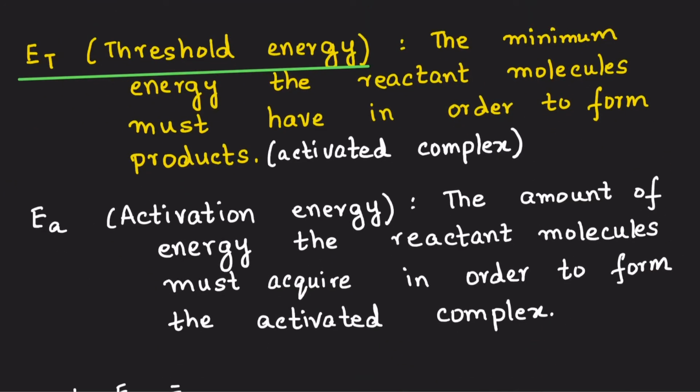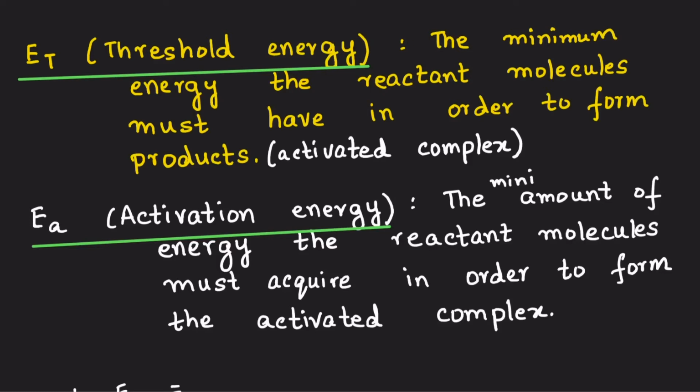Correct? What about activation energy? The excess amount of energy. So let me put the word excess over here. The excess amount of energy the reactant molecules must acquire. Actually, instead of excess, I should say more appropriately minimum.